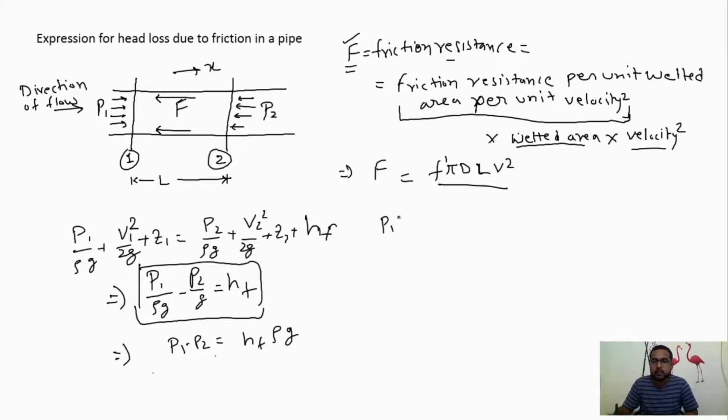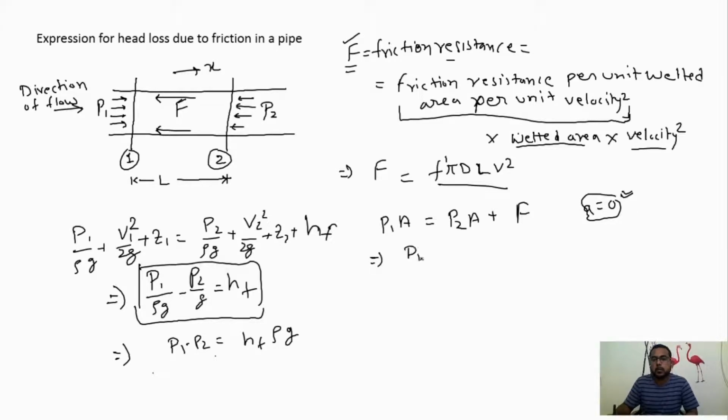We'll find that P1 into area is equal to P2 into area plus force F, because P1A is force and that F is force, and there is no acceleration, then acceleration is 0 because flow is assumed to be in steady state.